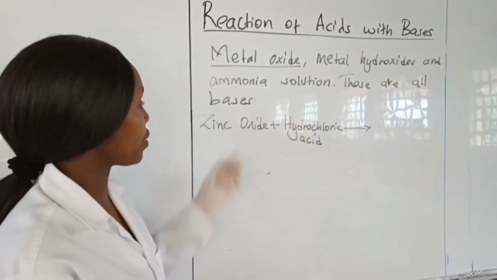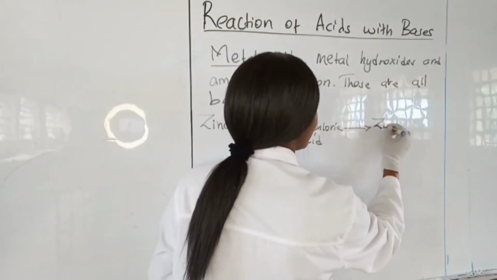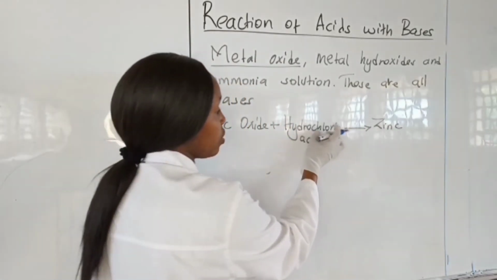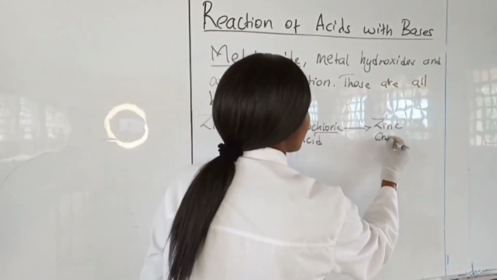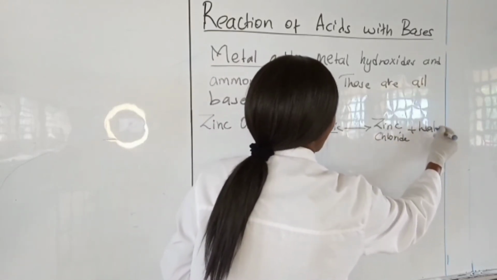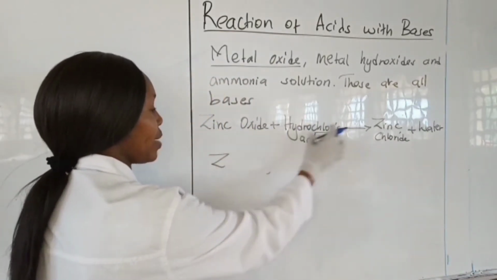The other reactant here is zinc oxide, and the metal part is zinc. Then we get the second part of the salt from hydrochloric, the chloric part, so zinc chloride plus water. And this is the word equation.